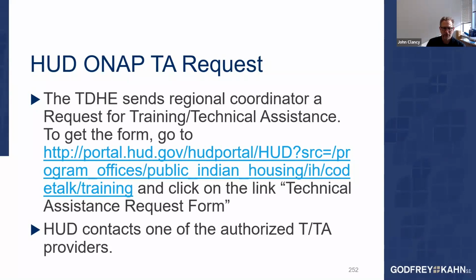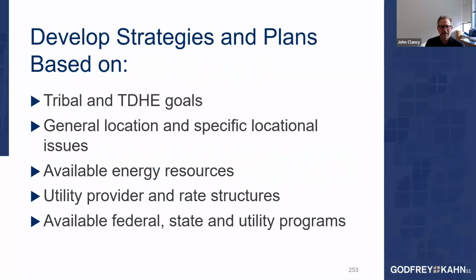And if you make the request, then HUD, and you've probably been through this before in other contexts, contacts LIHTC and First Pick, and there will be other providers they have under contract. Then they reach out to the subcontractors, and we're one of them, to meet with you and figure out a plan of action. So that's it.